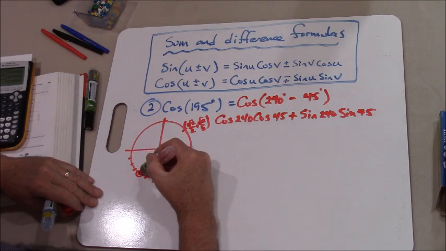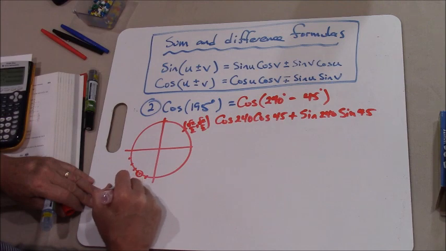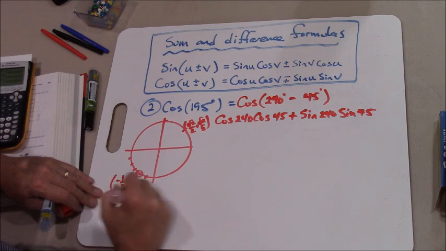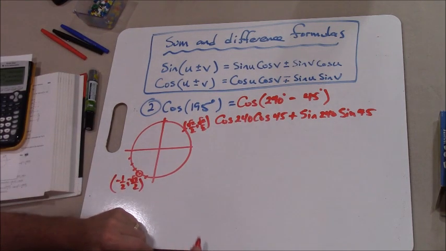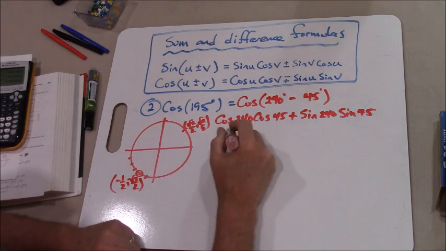So my x-coordinate looks like the halfway point. It's in negative territory, so I'd have a negative 1/2, comma, y-coordinate does not, so a negative root 3 over 2. All right, so the cosine of 240 would be a negative 1/2.